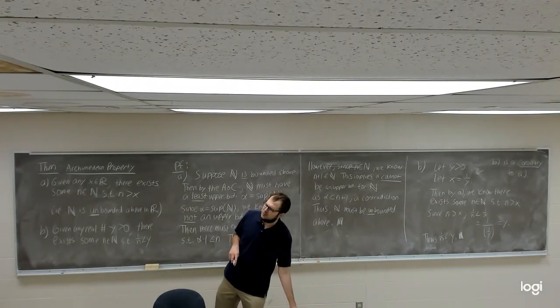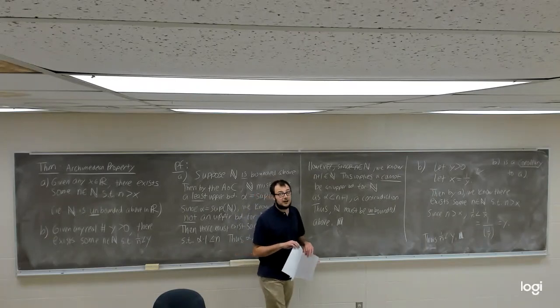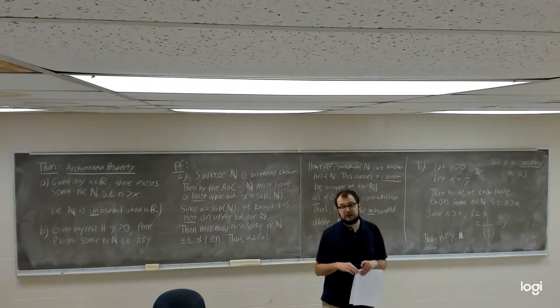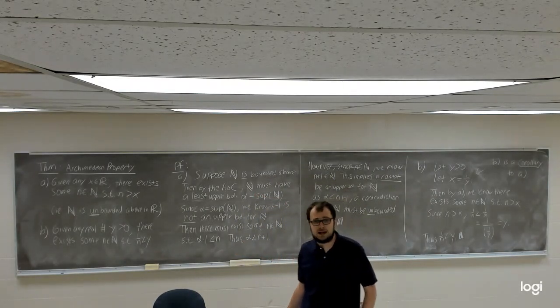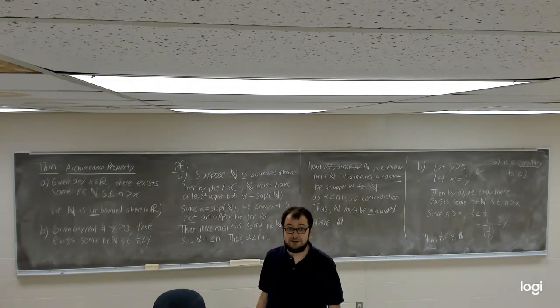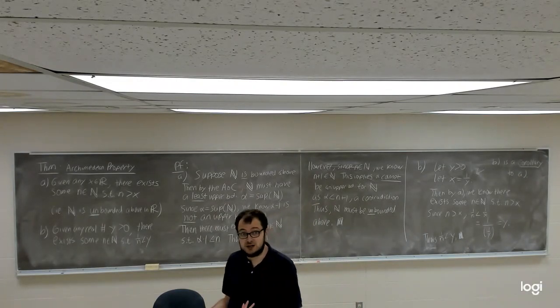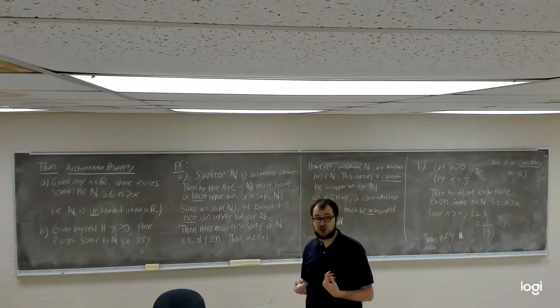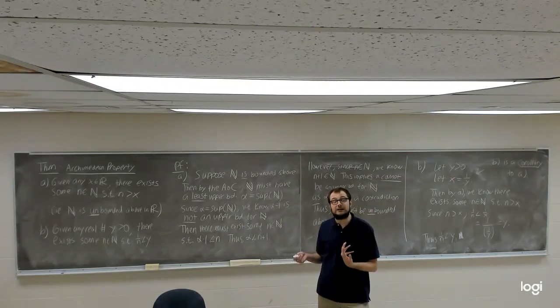Anyways, why do we care about this? Well, if you recall, we said something in class last time about the nice property that the rational numbers have in comparison to the real numbers, which is that the rational numbers are dense in the real numbers.